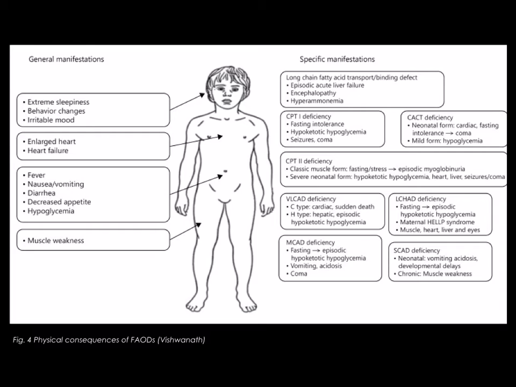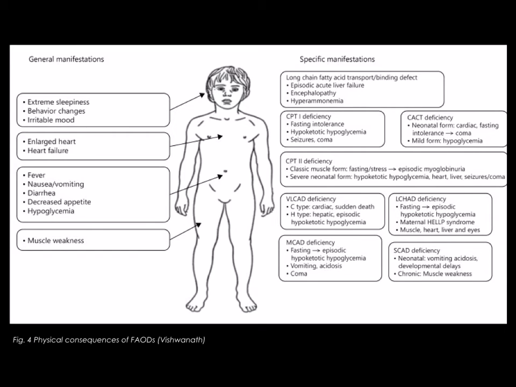On the right, you're going to see specific manifestations, and I mentioned earlier CPT1 and CPT2, and those have to do with carnitine palmitoyltransferases. And so what you're going to find there is fasting intolerance, hypoketotic hypoglycemia, seizures, and effects on the muscles. For all of these, we're going to come back to talk about CPT1 and CPT2 in just a moment.